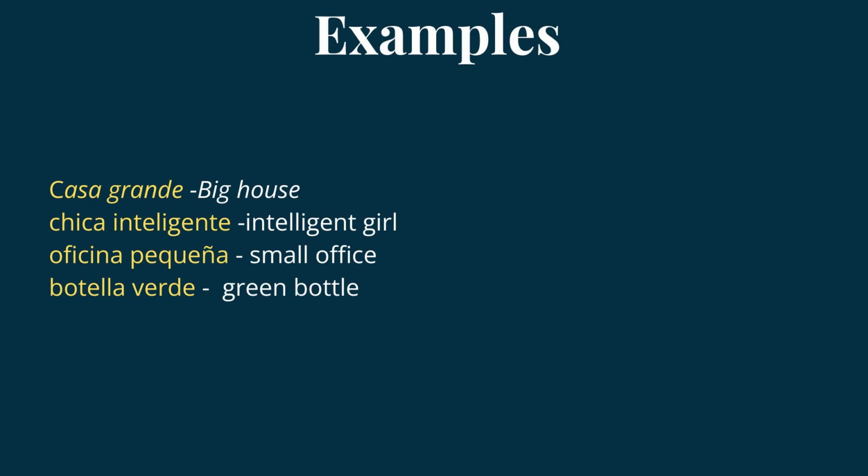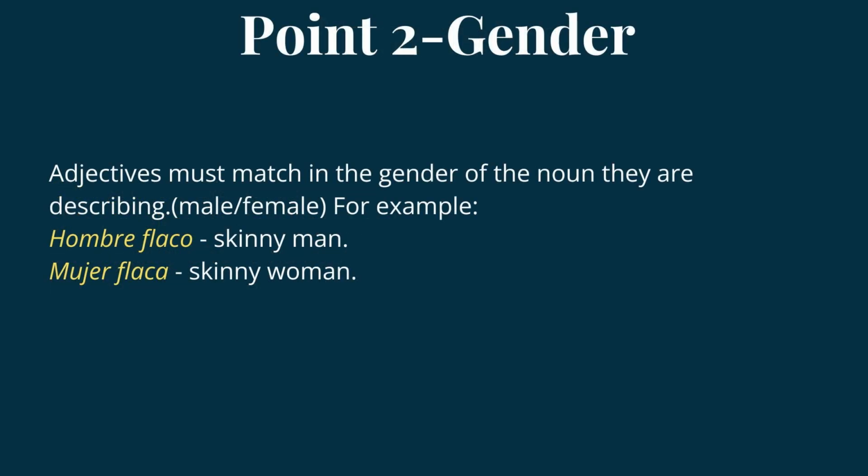So in this phrase, we're actually saying house big, but in Spanish it makes sense because the order is correct. This is how we usually use descriptive adjectives in Spanish. So please remember, it's noun first, then adjective in Spanish. Casa grande.